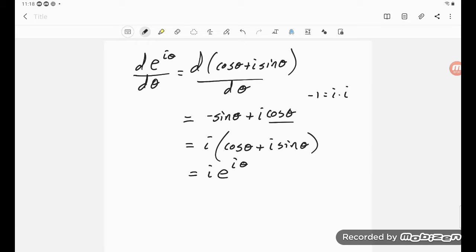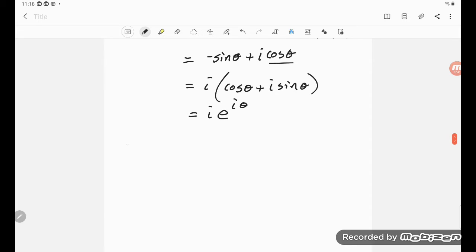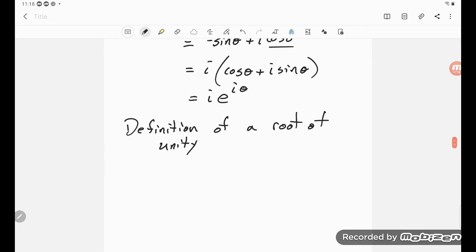And then finally, with these properties, we just get this definition of a root of unity.